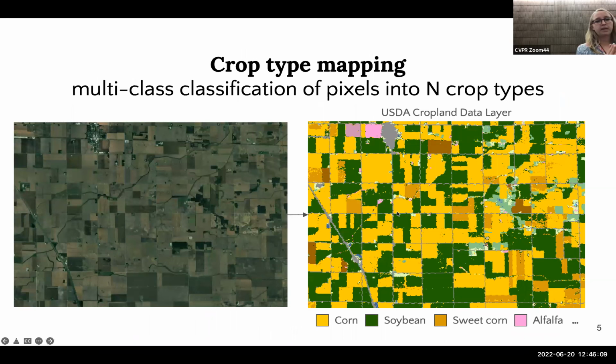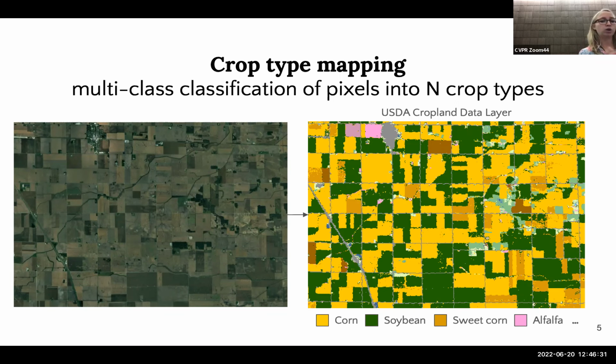So crop type mapping is similar, but here we're classifying every image or pixel location, generally a pixel location, into one of n crop type classes. So maybe in this example, this is the USDA cropland data layer, which is a random forest result.